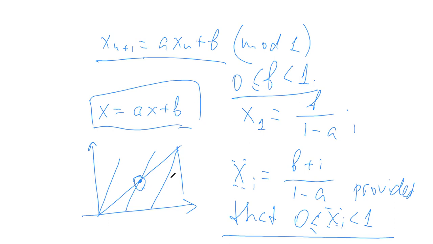So a equal to 1, we already considered if b is zero. Let's consider it again. xn plus 1 equals a xn plus b.